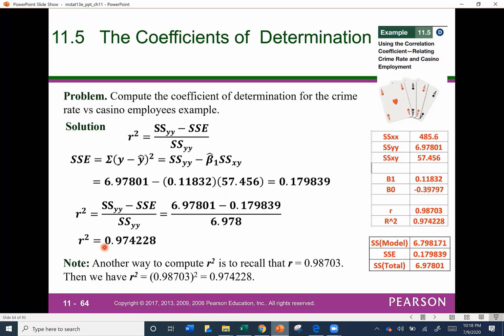The number of employees is a good predictor for the crime rate. But that is not the reason. Remember, there is no causality. It's used as an index, like economists use several indexes to predict situations in the economy. The index is not the cause. It's used to predict. There is a correlation between these two variables.